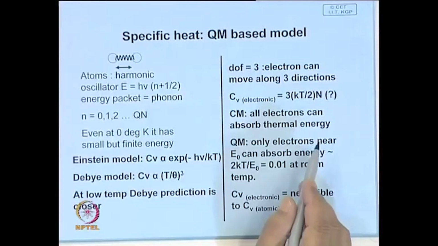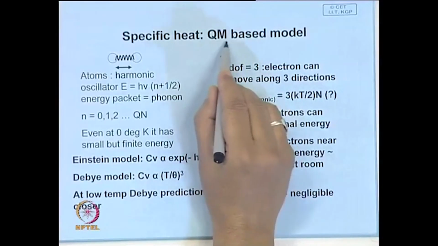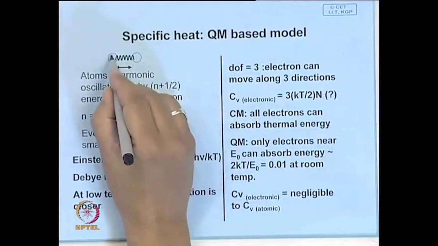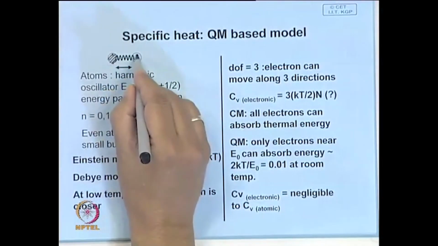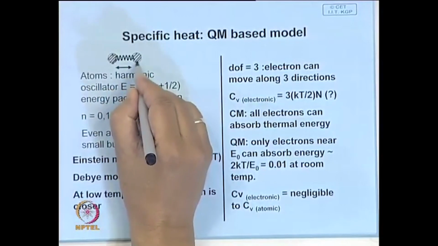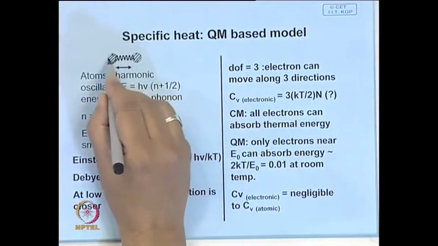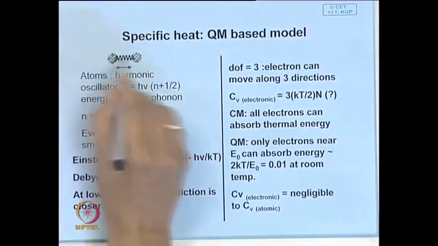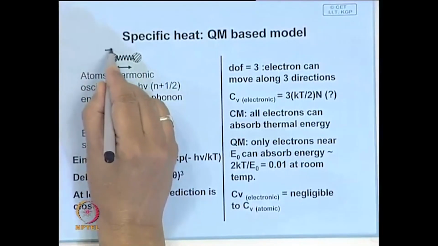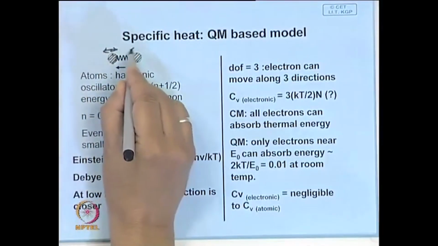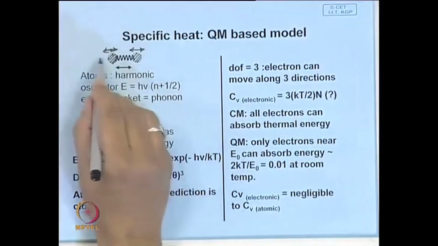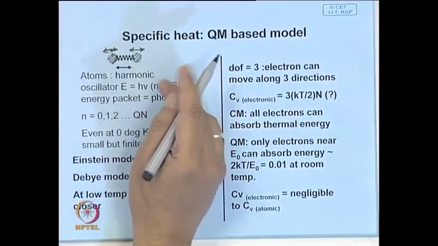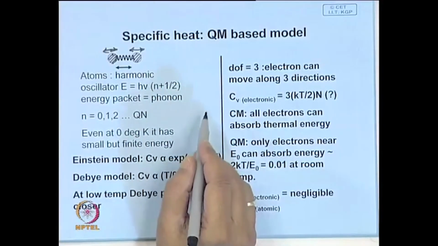Now, to calculate specific heat using a quantum mechanics based model, one thinks of atoms arranged in a periodic fashion in a crystal, as if they are connected by springs, and these atoms keep on oscillating about their mean position of rest. This oscillation frequency is a function of temperature.